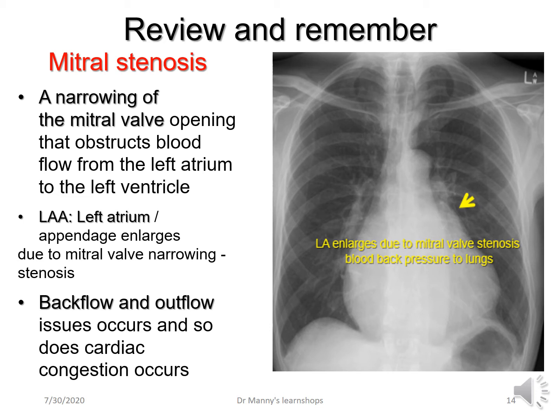As I indicated, the first bump, the left atrium, enlarges due to mitral valve stenosis. Blood has a back pressure to the lungs, which could cause pulmonary edema as well.